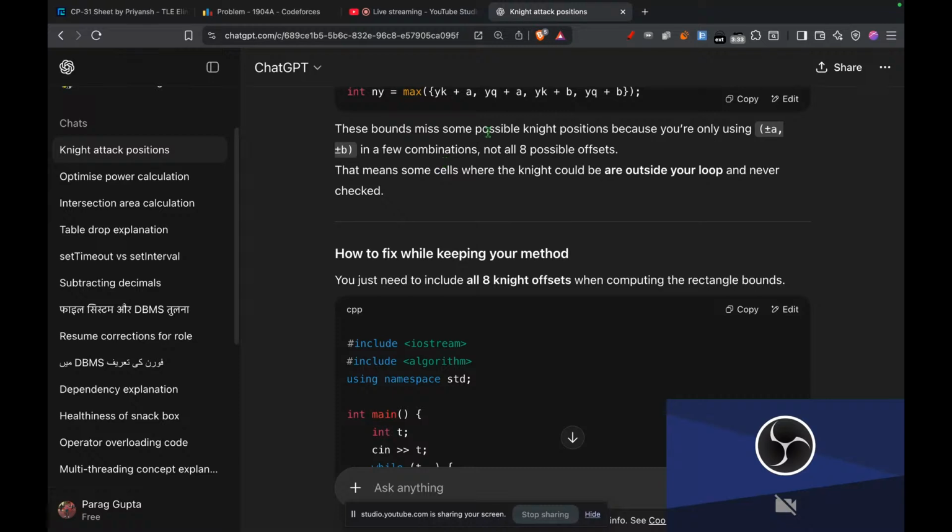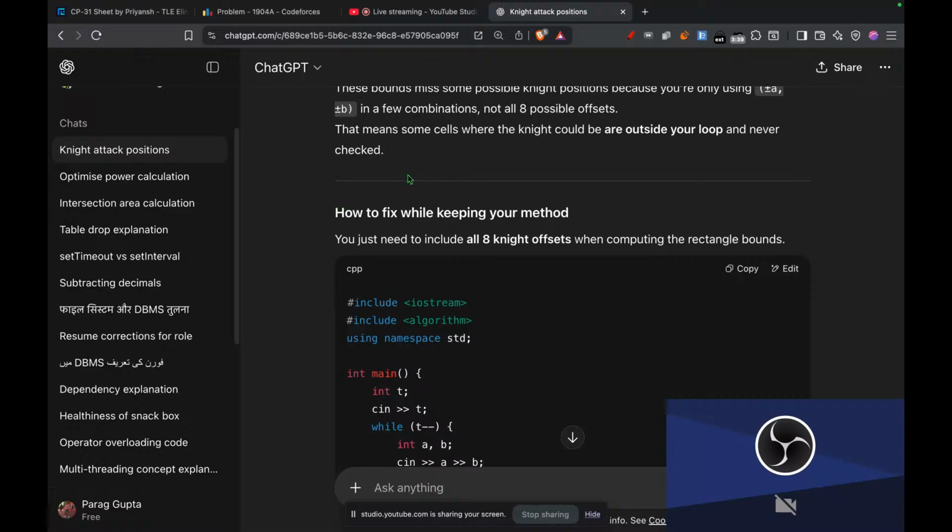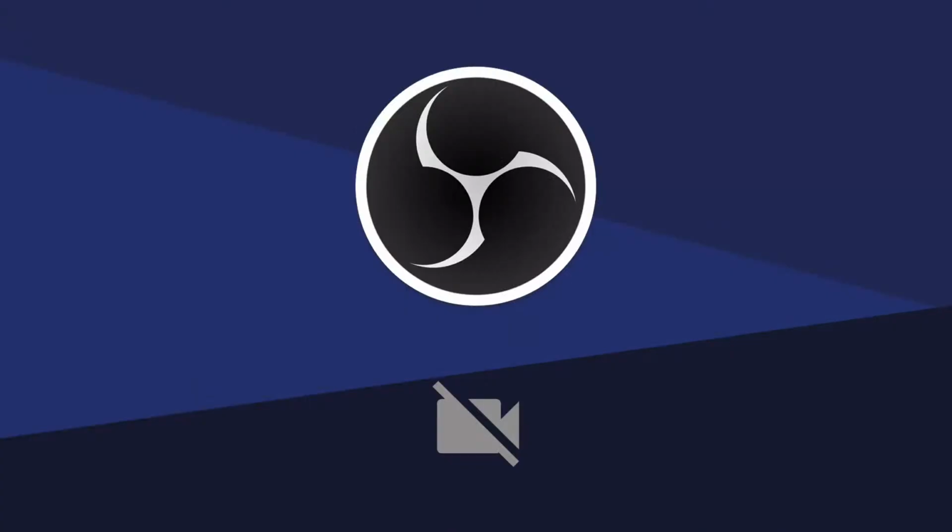These bounds miss some possible knight positions before we are using plus minus a plus minus b in condition, not all eight offsets. I'm not using all eight offsets, but how? So here I'm generating all eight offsets.